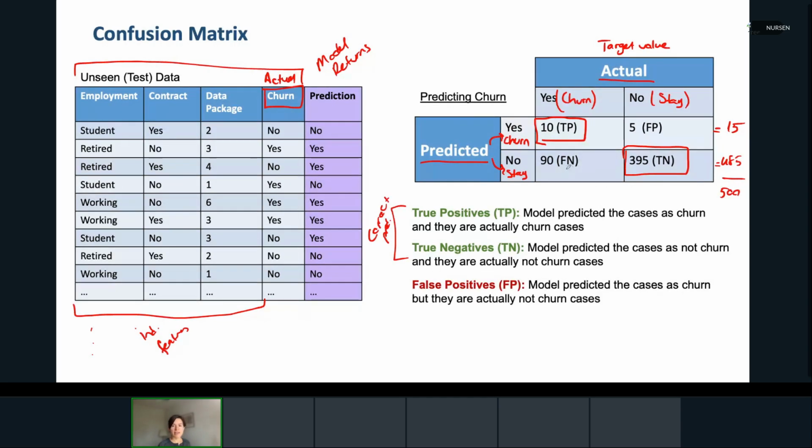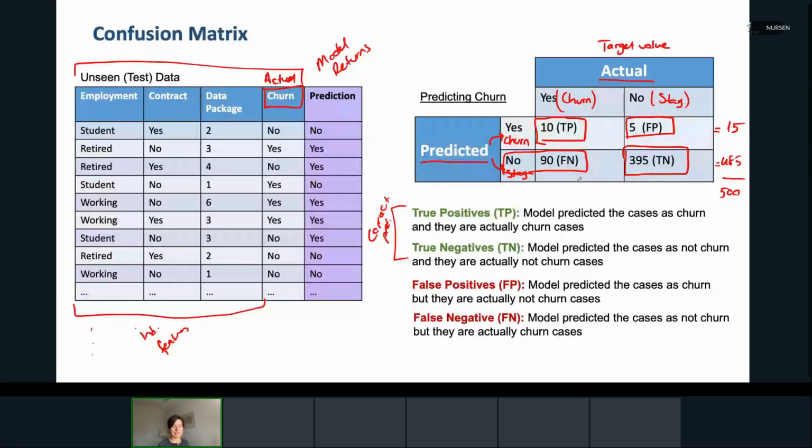And then we have errors, as we discussed in the previous slides. False positives are the ones we predicted as churn, but they were actually not churn cases. So these are the false positives, 5. And false negatives are the customers we predicted as stay, so they are in the stay row, but they were actually churn customers. So we missed this opportunity.